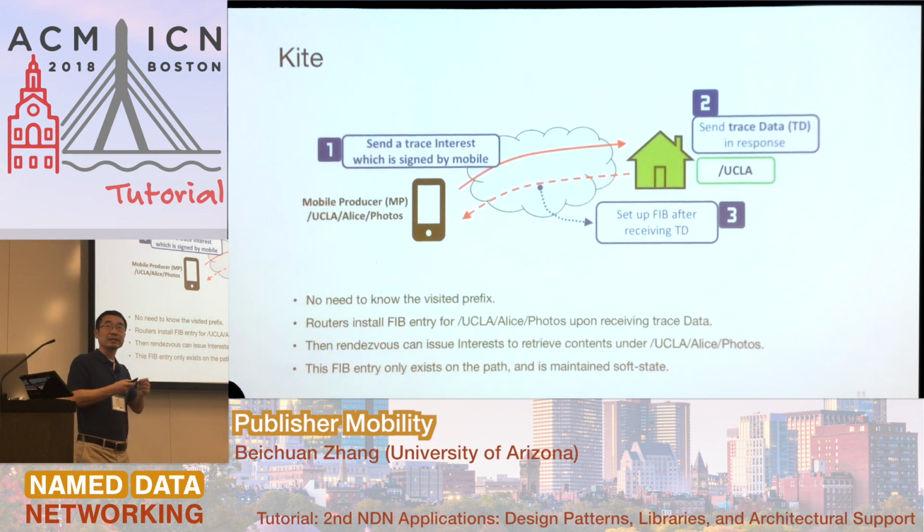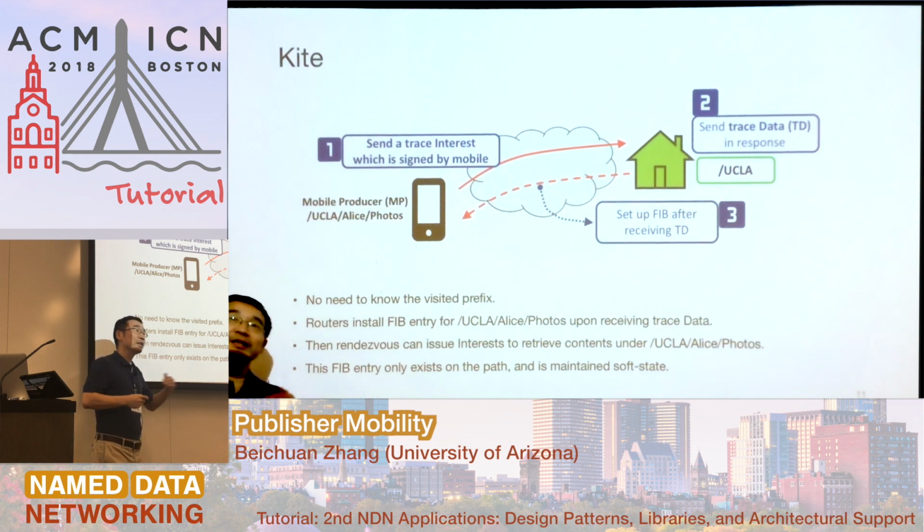And when they see that, they know, okay, I have this existing PID entry pointing to the Rendezvous. When I see the trace data coming back, I will reverse it and put it in the forwarding table, saying for the forwarding table entry to reach this prefix, the next hop is going this way.